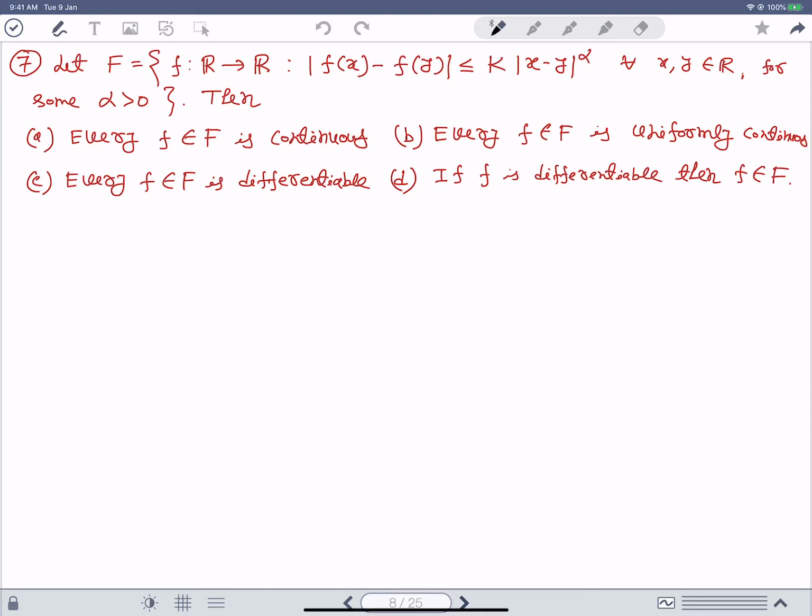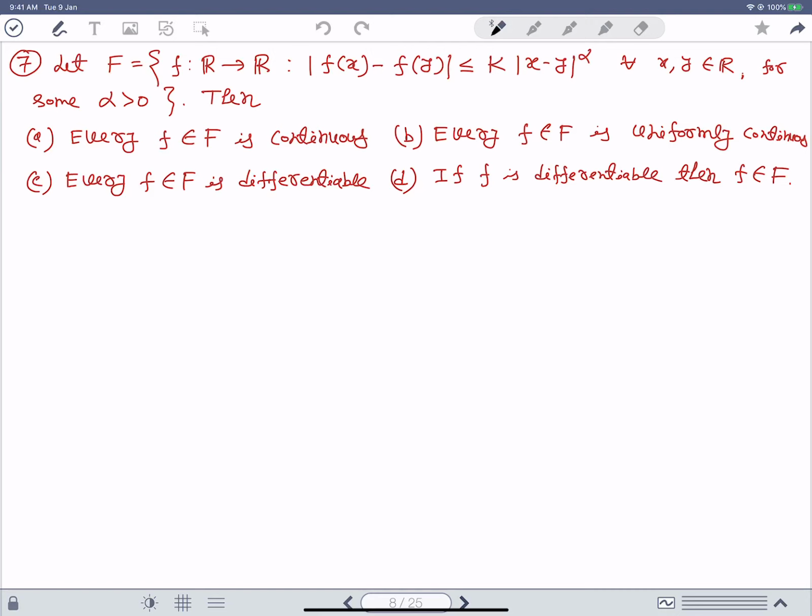So, first of all, this is a condition. |f(x) minus f(y)| is less than or equal to k times |x minus y| power alpha, where alpha is some positive number. This is called Hölder continuity, and this condition is also called the Hölder condition.